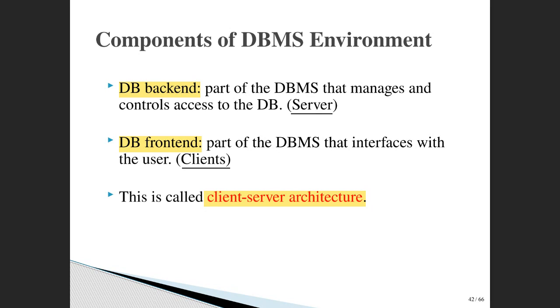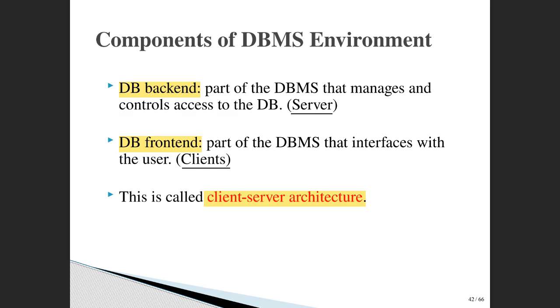Clients are nodes connected to the server, sending requests to the server to get some services. For example, get access to some locations in the server, or share some information. They can share hardware like a printer or something. You can share software. So all these are clients.